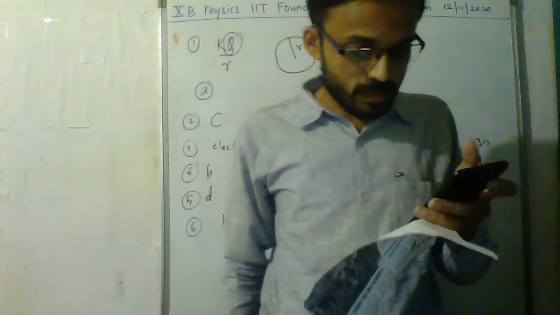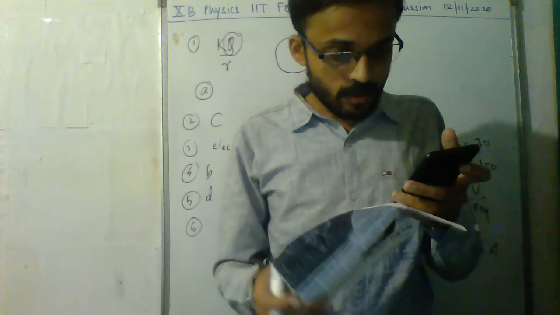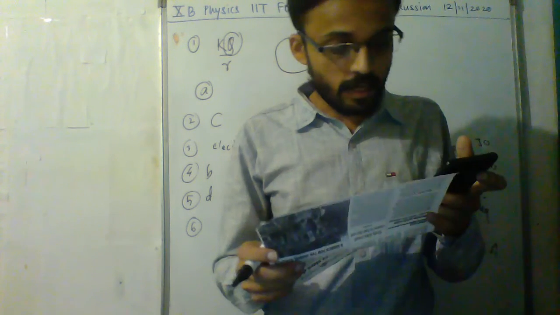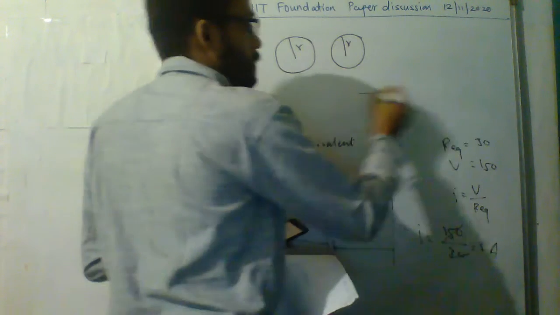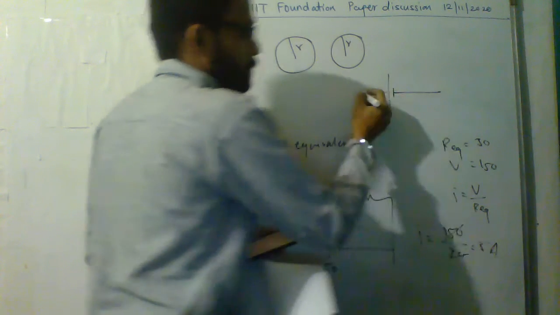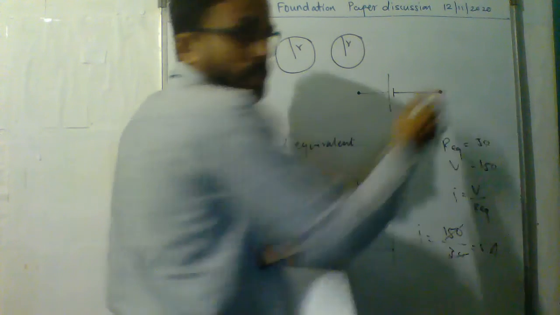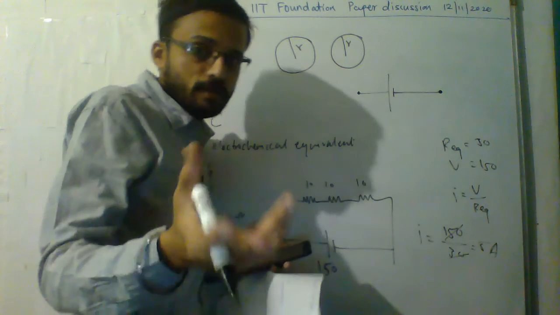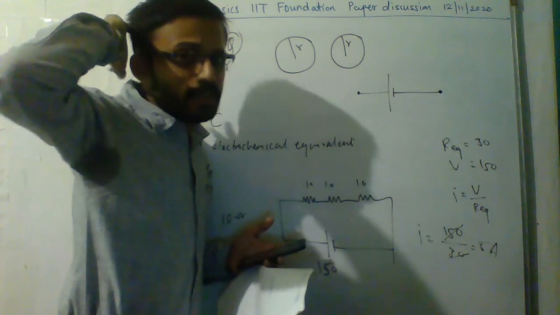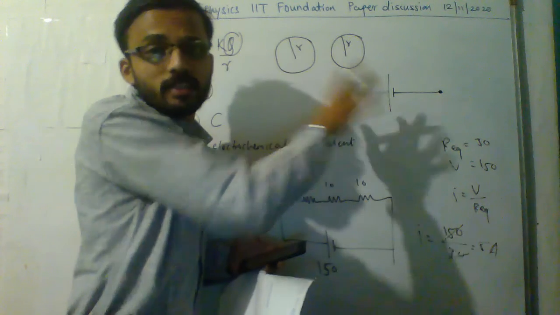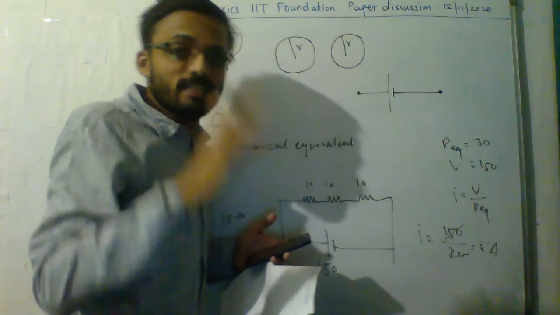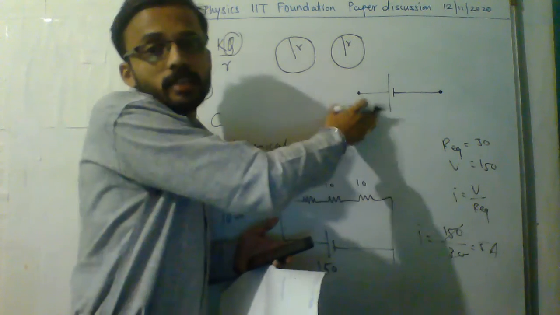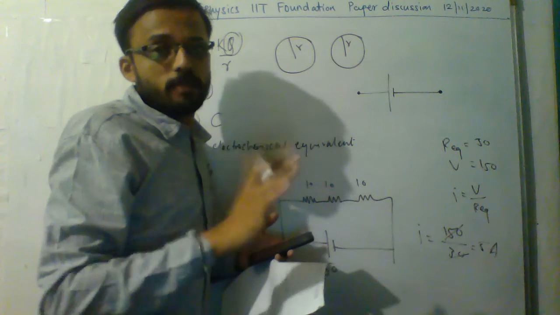The terminal voltage of a cell in an open circuit condition, means what? This is the cell. When we are not connecting anything, I discussed yesterday. If we are not using the cell, it is not in the circuit, then terminal voltage is always equal to the EMF of the cell.